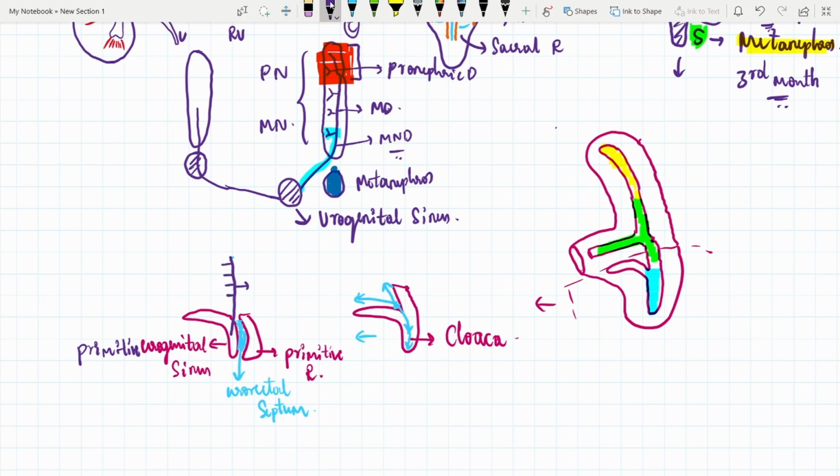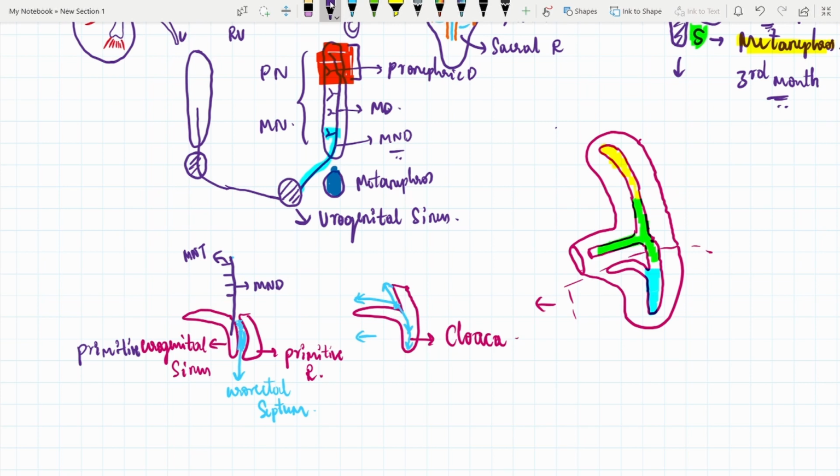This is mesonephric duct, and these are mesonephric tubules. Don't worry about this one. Just remember, mesonephric duct is connected to primitive urogenital sinus.